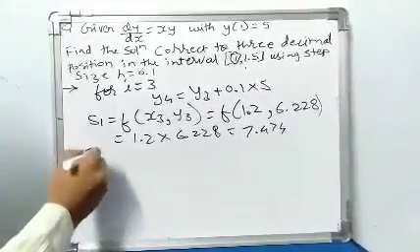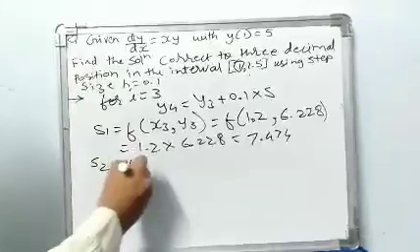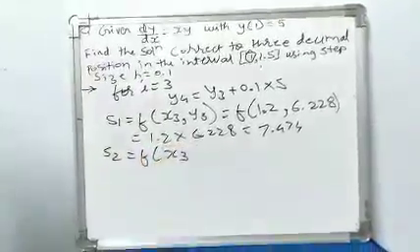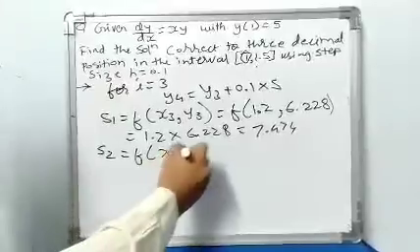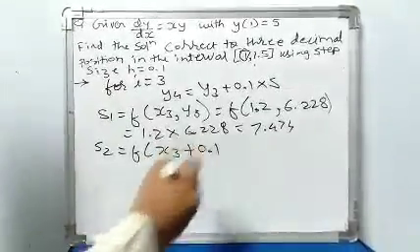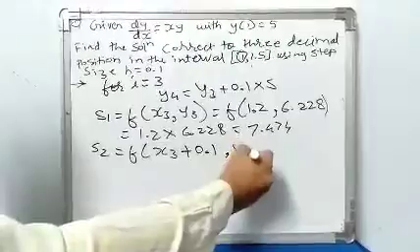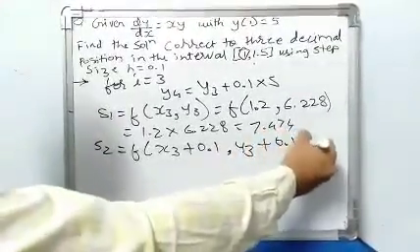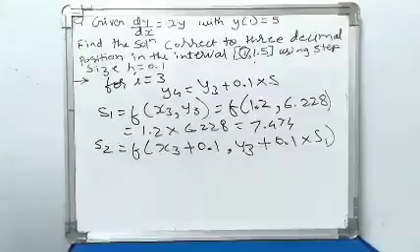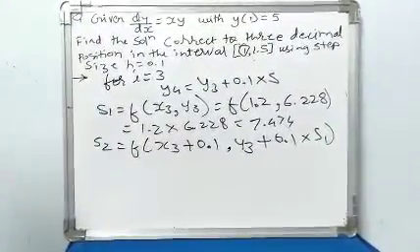So s2 is equal to f of x3 plus 0.1, y3 plus 0.1 into s1. Okay, so we have all the values, right?